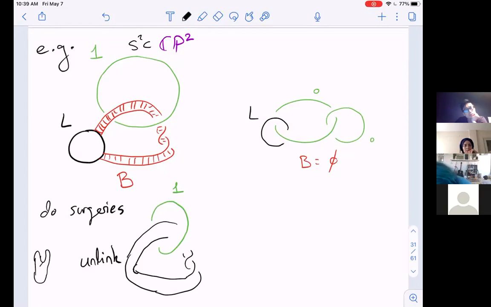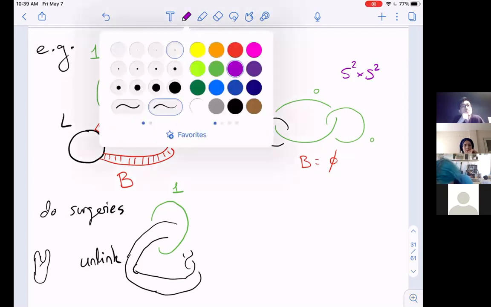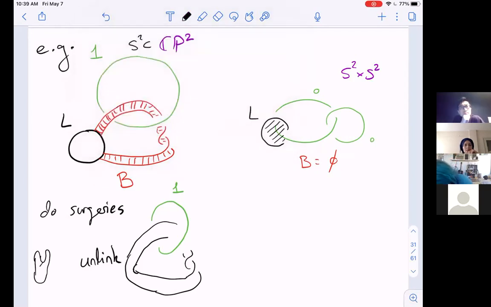This is, well, first of all, a diagram of S2 cross S2 on the right. Again, the circle that I've drawn is an unknot. I'm ignoring the handles. The minimum is below all of the handles. I just have this disk. So this is the minimum. There aren't any bands, but when I do the surgeries corresponding to the two handle circles, again, the circle is an unknot, but sort of in a different way.